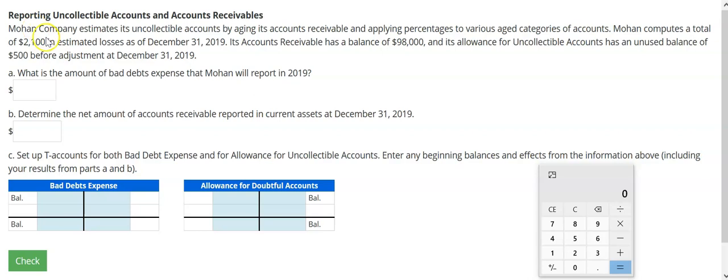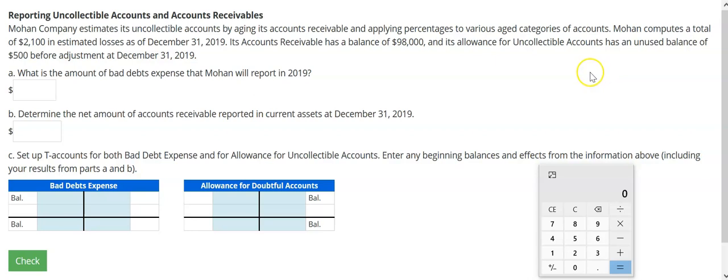It says here that Mohan Company estimates its uncollectible accounts by aging its accounts receivable and applying percentages to various aged categories of accounts. We actually have another video where we look at an actual schedule, and you might find that helpful.